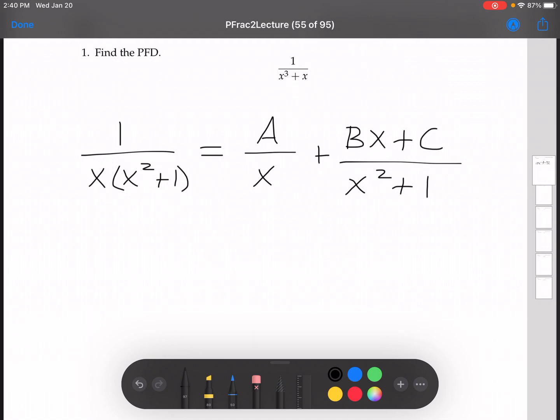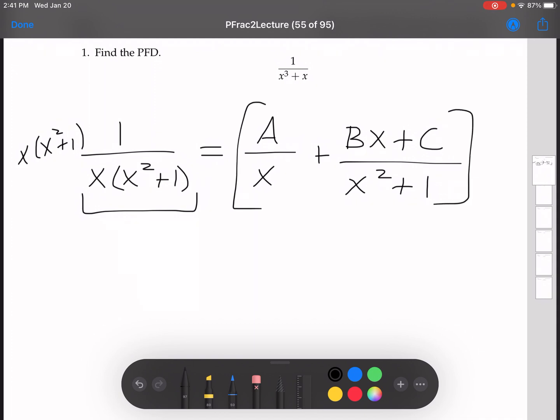All right, so then now everything else is the same. Multiply both sides by the denominator here, x squared plus 1. Multiply this side by x squared plus 1. Those cancel.